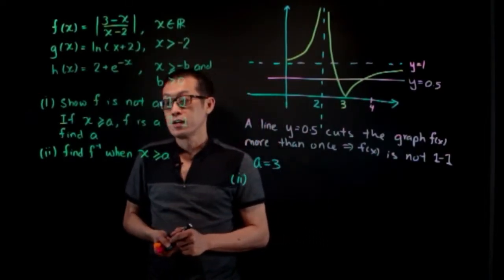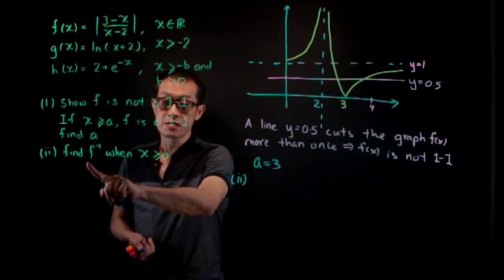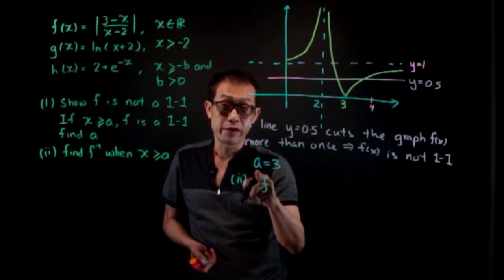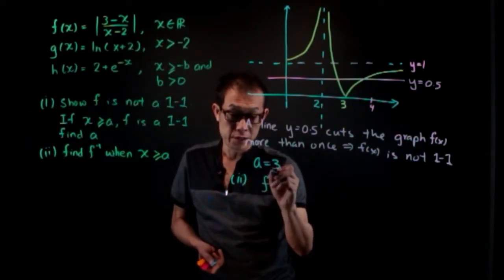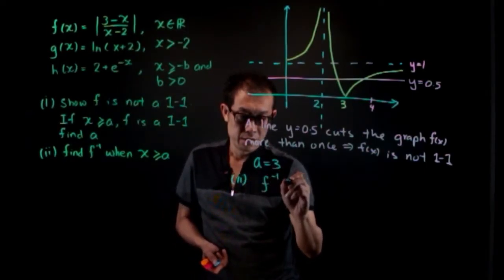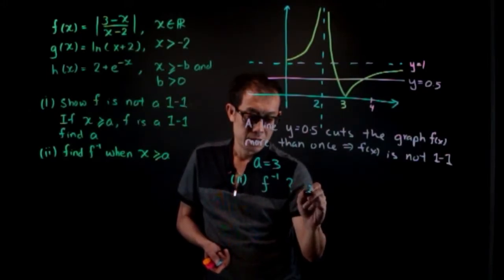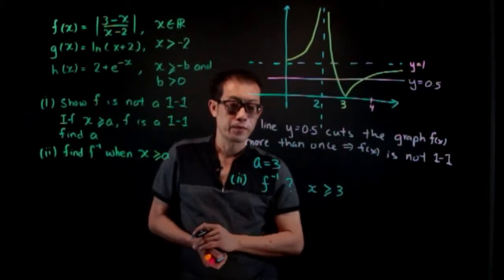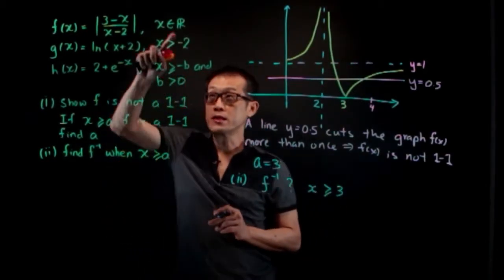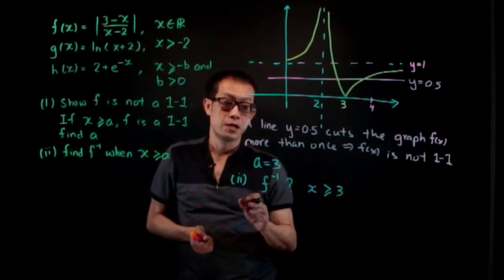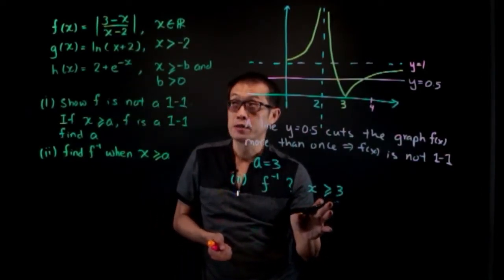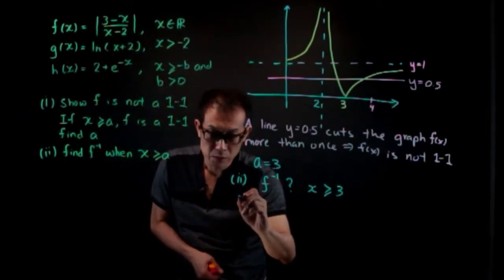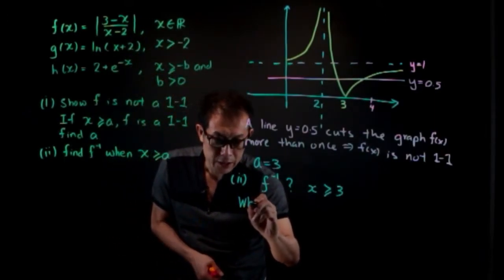Or rather, we are asked to find the f inverse when x is greater than or equal to 3, because we found that a is 3. Now this is a modulus graph. When x is greater than 3, you look at this part.